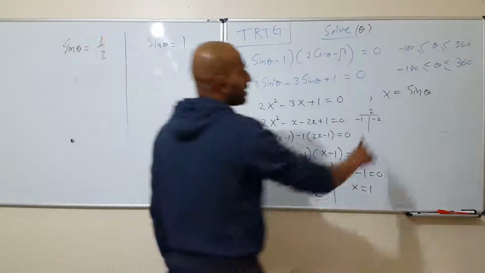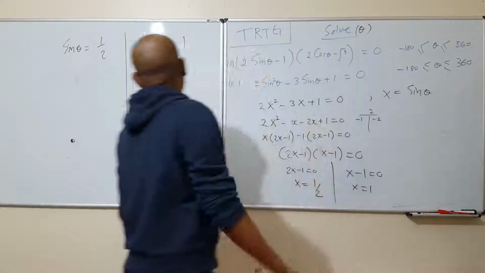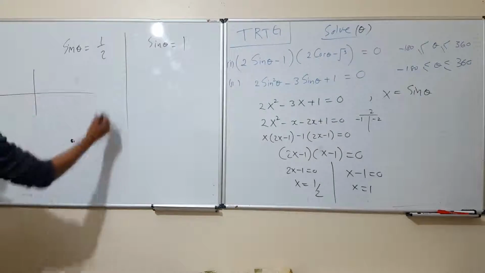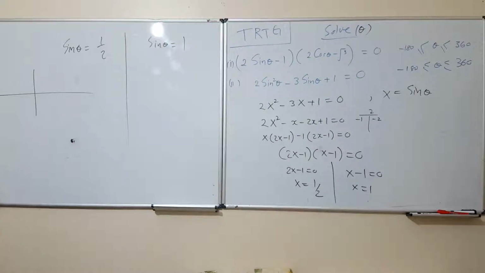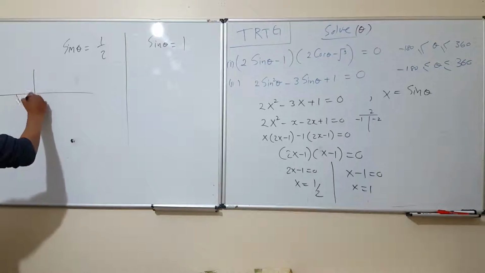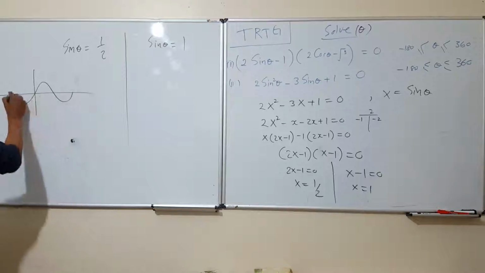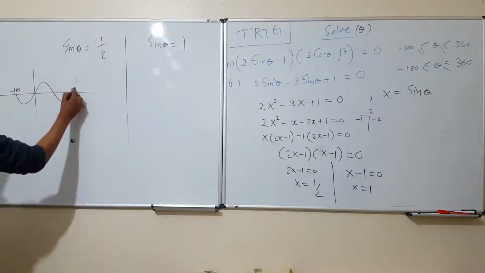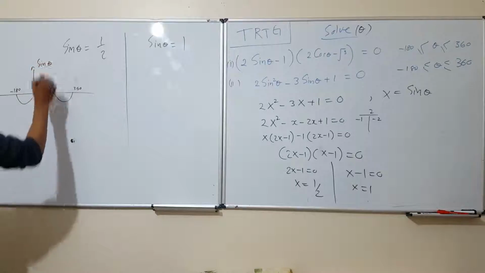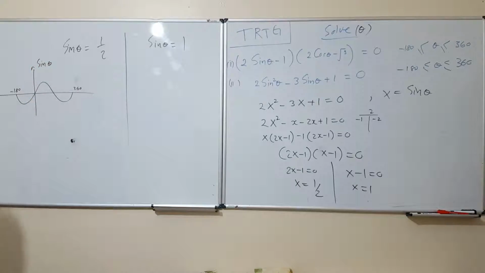They want us to find the range of this. The same thing like what we did before. We can sketch a nice graph, a beautiful graph from minus 360 to plus 360. So we can go minus 180, what I meant, and plus 360. Okay, a sine theta graph. Alright, so that's half.